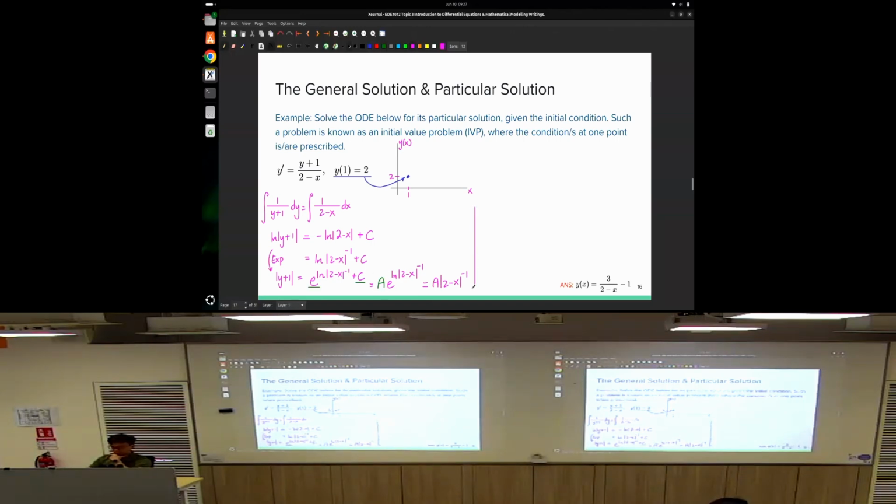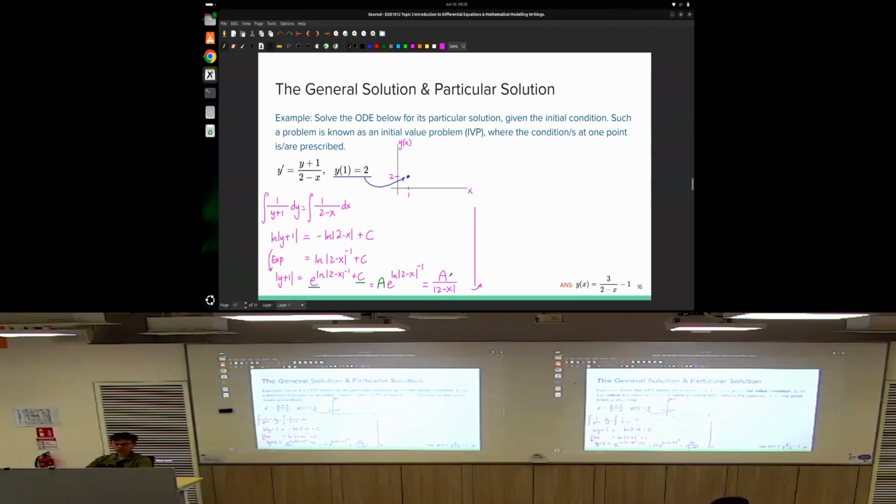So this expression, I can write it as e to the ln, with the exponent brought down. Then this I can write as a over 2 minus x, because it's just the reciprocal. So it's a over modulus of 2 minus x. You observe that there is a modulus sign on both sides. But understand this: you have this a here.